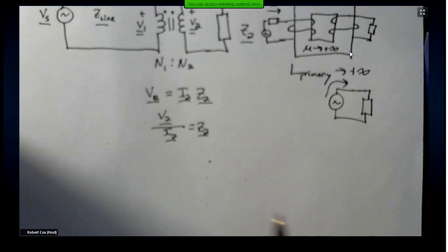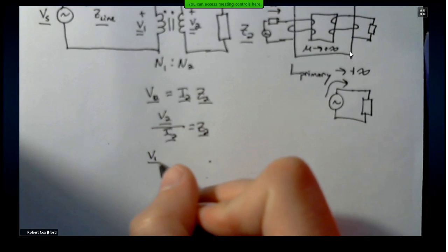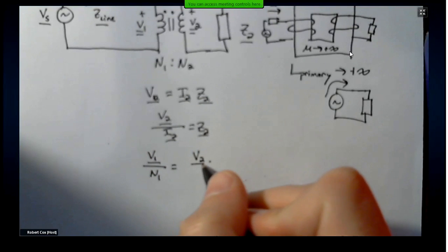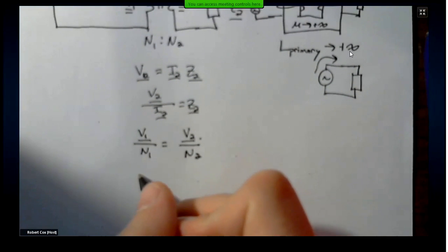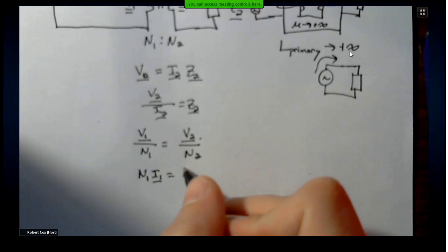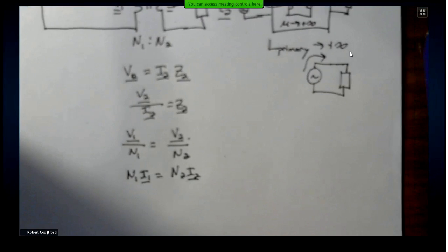Got that. Now, what do I know? I also know that V1 over N1 equals V2 over N2. Similarly, I know that N1 I1 equals N2 I2, for the setup that I've got there.